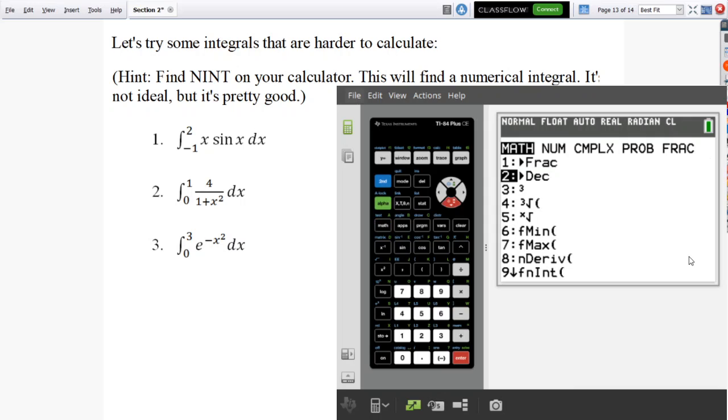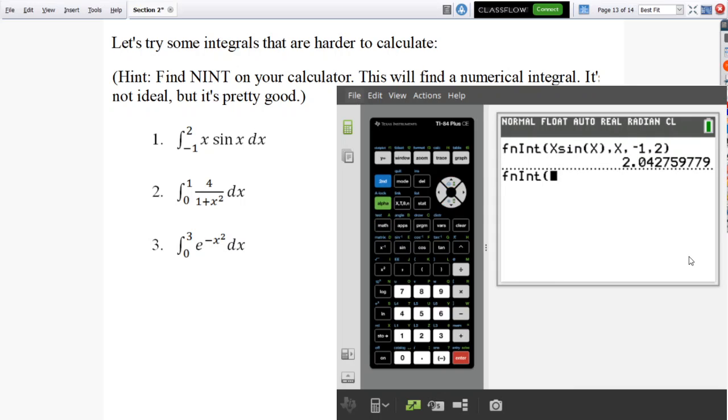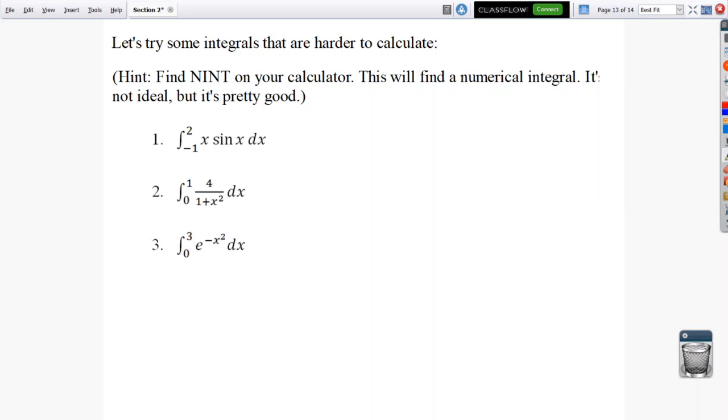So again, if I wanted to do math 9 of sine of x from 0 to pi, that's how I have to type it into my calculator. Let me write that on my board for you, just so that you can remember it.